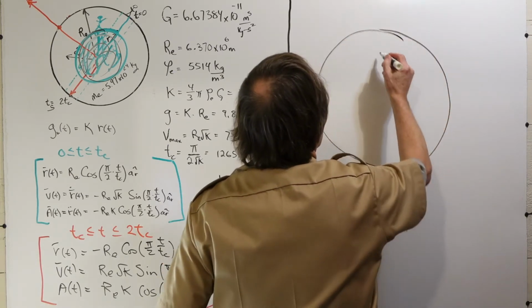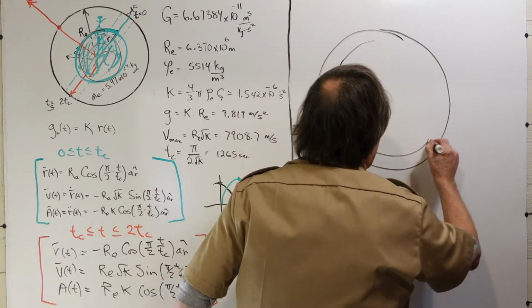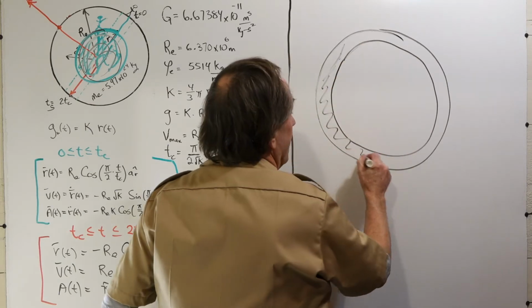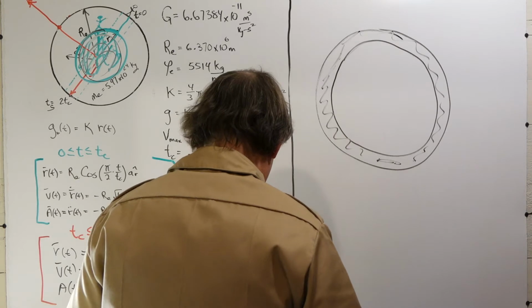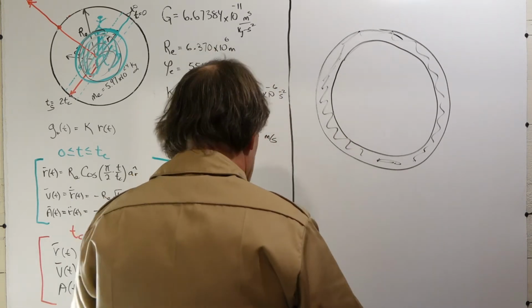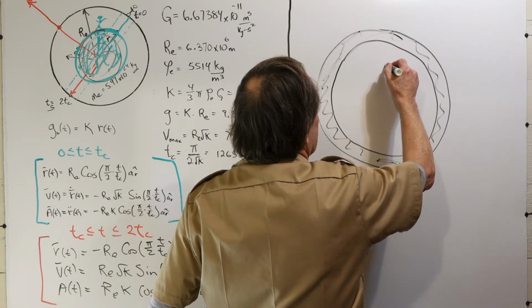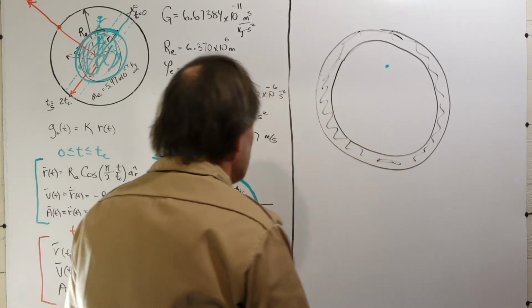Here we have a spherical Earth, or just a spherical mass, and the interior is hollowed out. So we just have mass in this shell. And if we go to any spot inside this hollow Earth, there's no mass inside here.